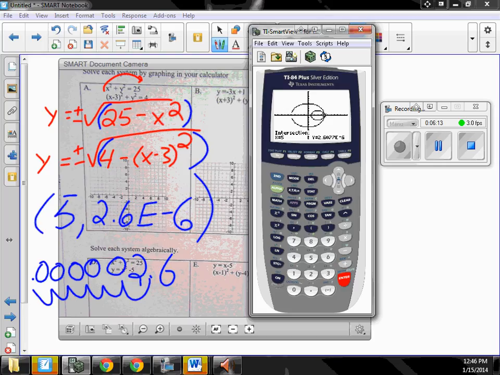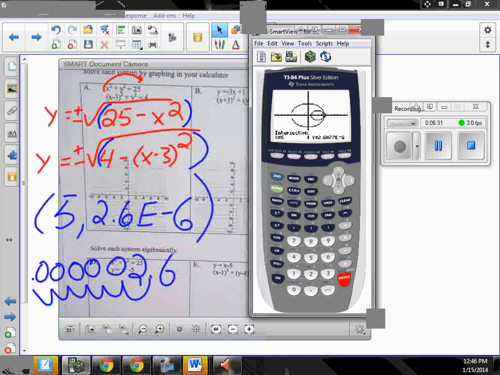So anytime you see e to the negative, it's just 0. Depending on where you picked the two lines and where you picked for the intersection, it might actually say 5, 0. But where I picked it, it didn't work.